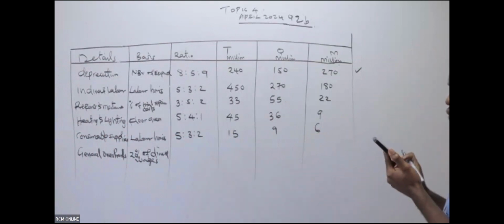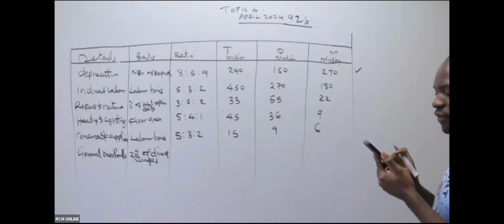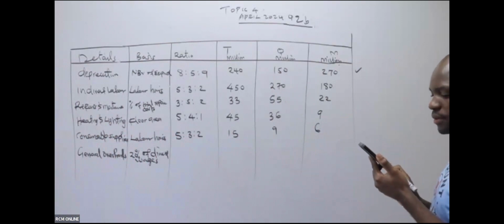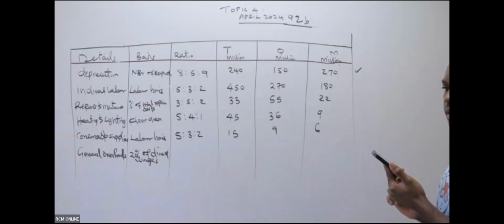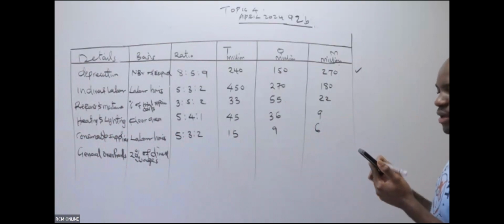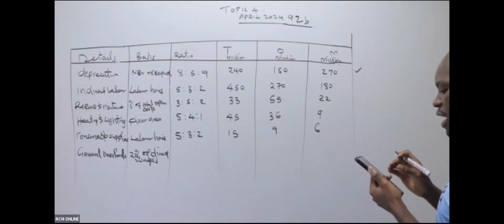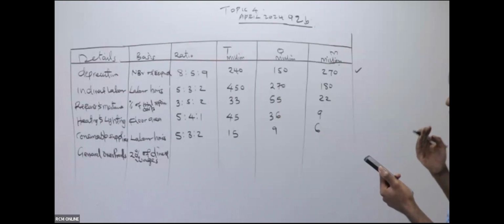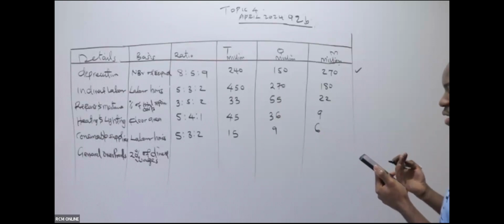So do we have total wages for each department? Are we given wages? Look at the allocation table, the production department, and then the basic. So we have direct labor hours, we have direct wages cost given in millions.